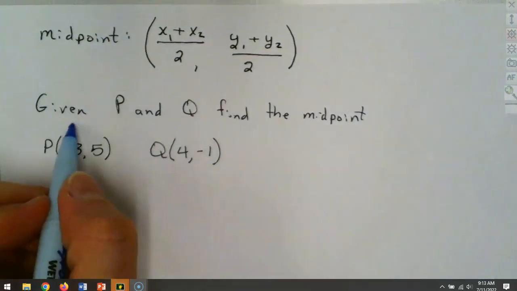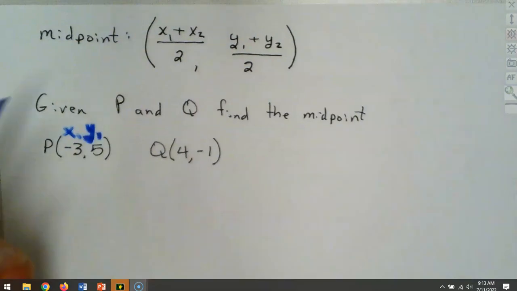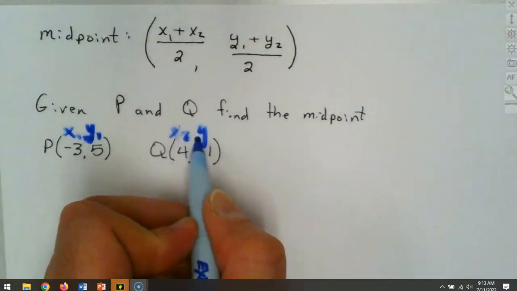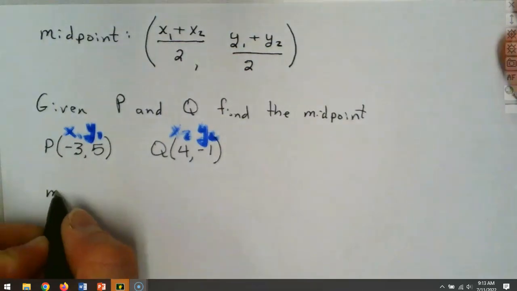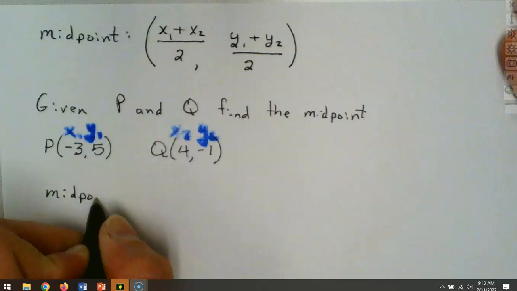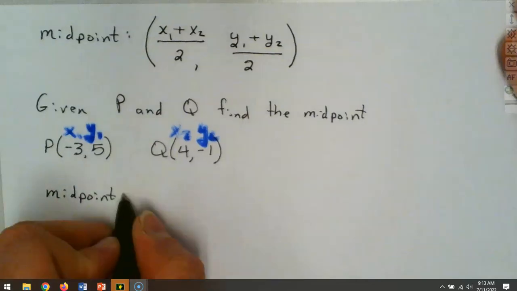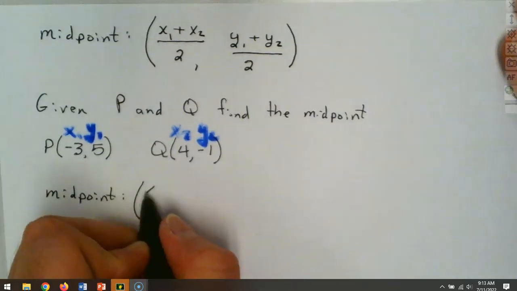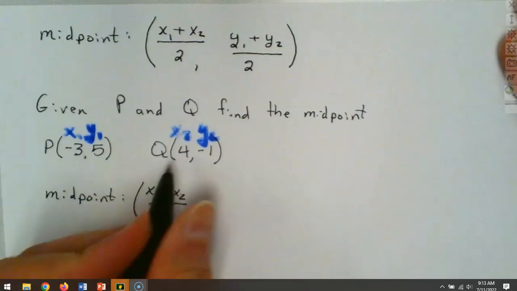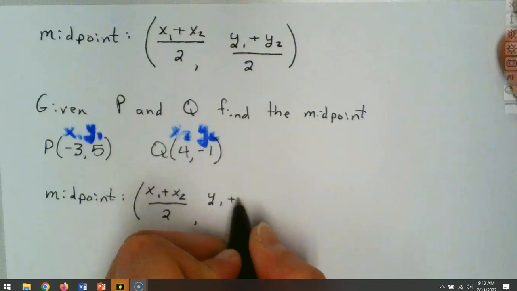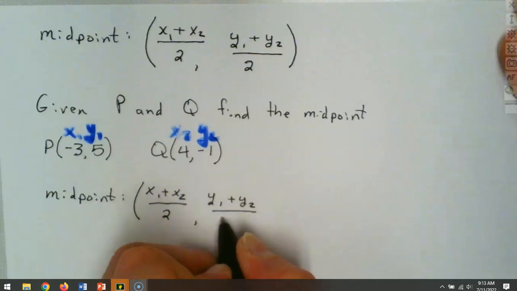We label x1, y1, x2, y2. I always like to write my formula down. I think repetition is one of the best ways to learn these. And so that's x1 plus x2 over 2, and y1 plus y2 over 2.